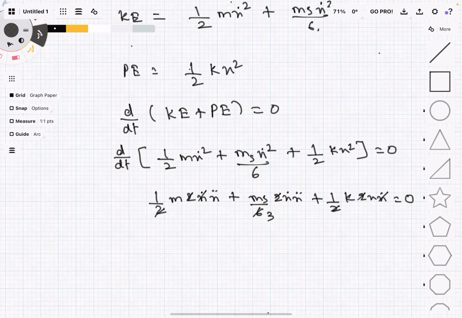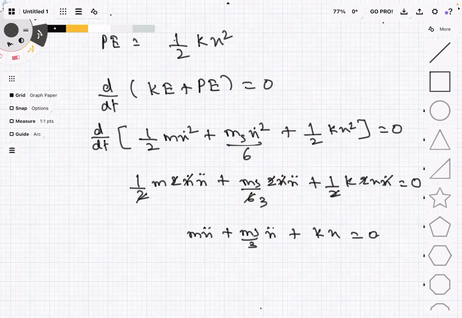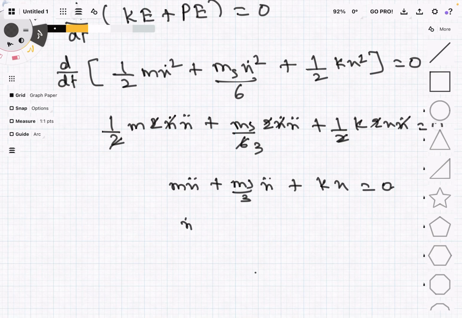So you end up with m x double dot plus ms by 3 x double dot plus kx equal to 0. If I take x double dot common, you'll get m plus ms divided by 3, times x double dot, plus k into x equal to 0.